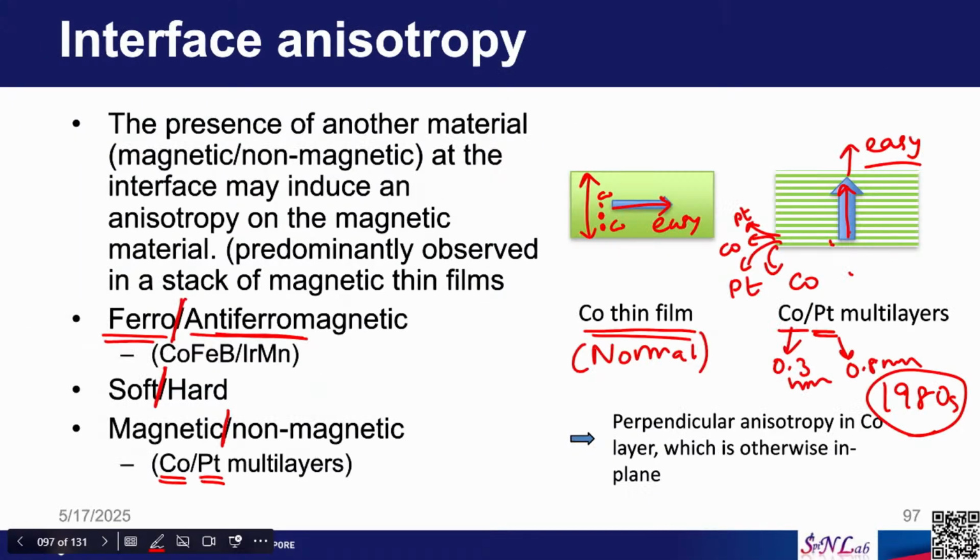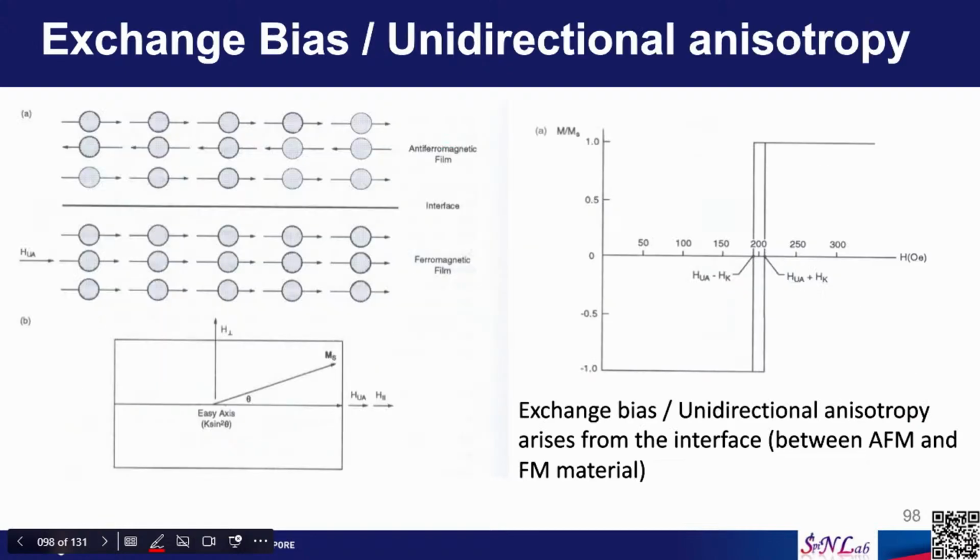Okay, so now let me explain this one, the ferro-antiferromagnetic interface. Let us say you have a ferromagnetic film in proximity with an antiferromagnetic film, and this is the interface.